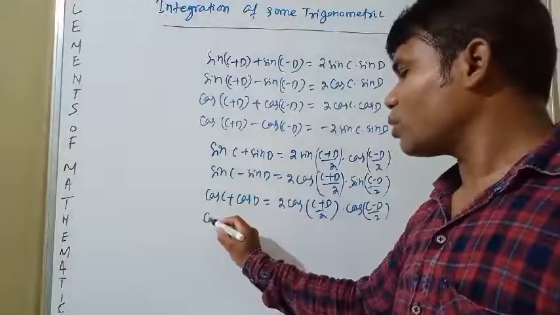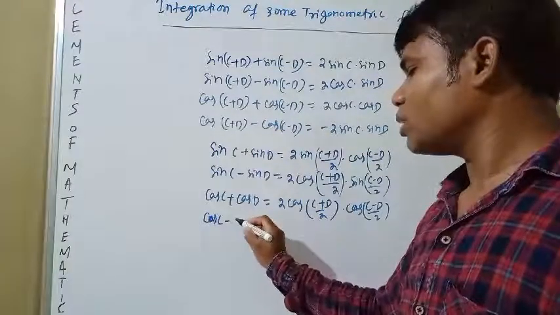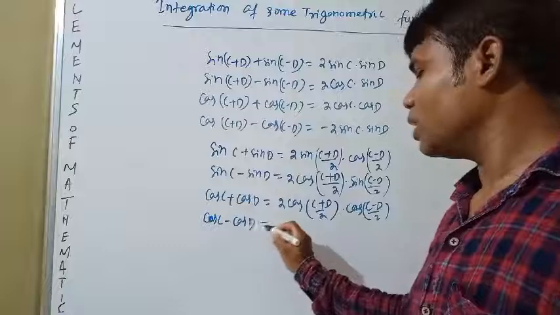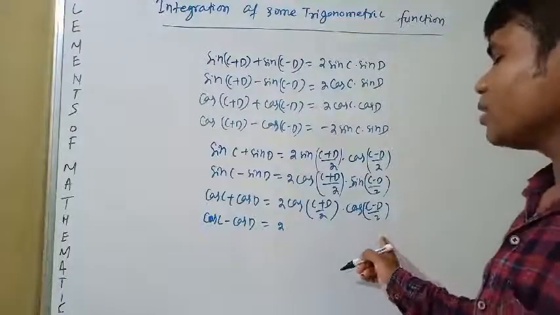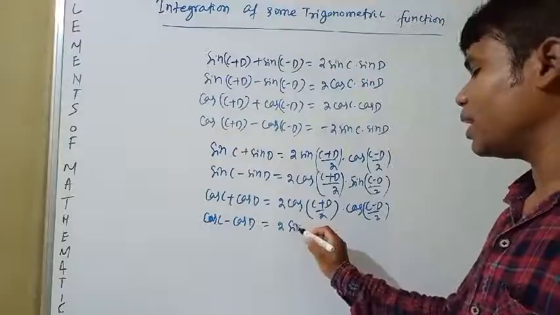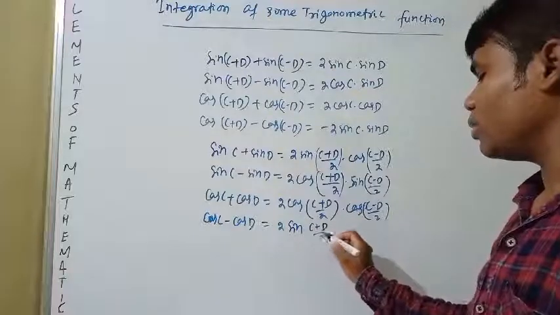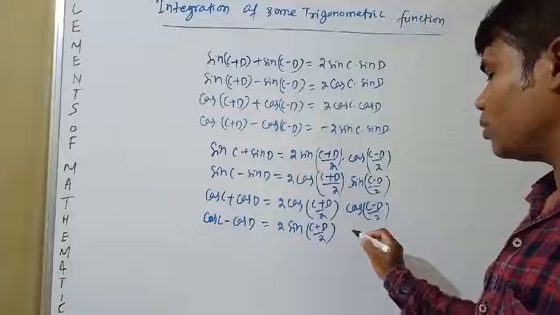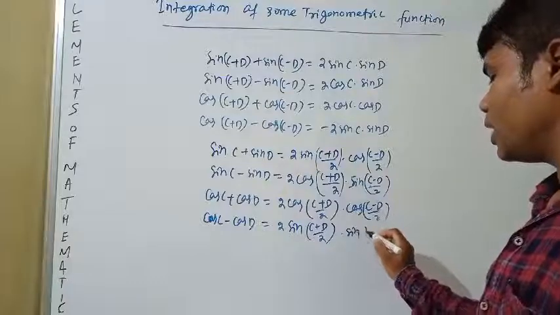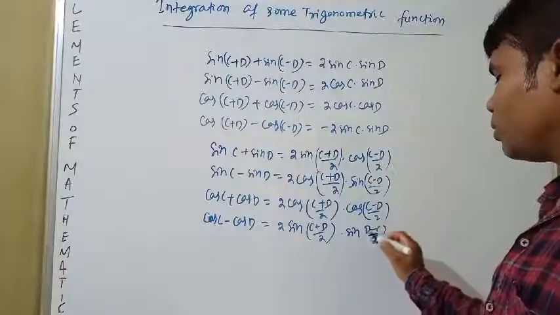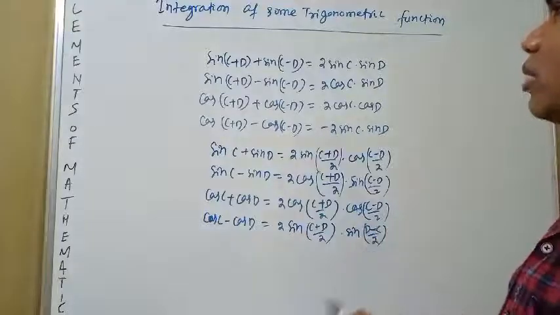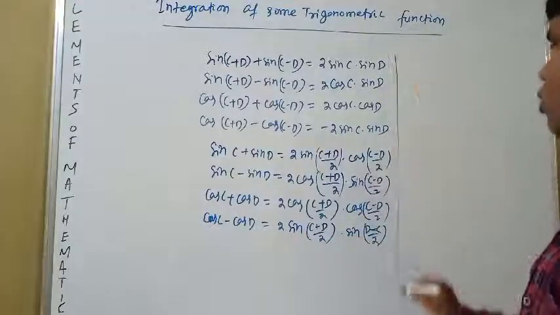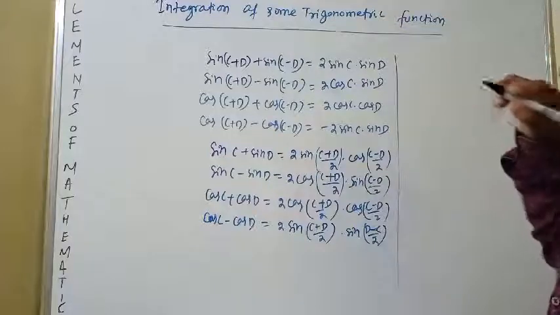Suppose cos c minus cos d is given, then it is equal to minus 2 sin((c+d)/2) into sin((c-d)/2), or 2 sin((c+d)/2) into sin((d-c)/2). Here you observe that this is d minus c, not c minus d. Okay, some more formulas.